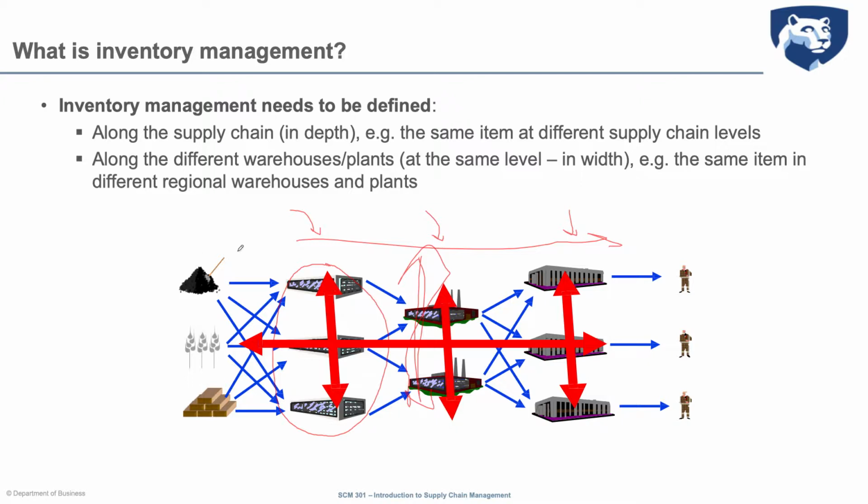So the supply chain is made by n levels with m actors at each level. Each actor at each level has inventory, and each inventory, inbound, in process, and outbound, has a cost. So imagine a supply chain with inventory levels not optimized, how inefficient it can be given the magnitude of this problem and the volume that we are talking about.